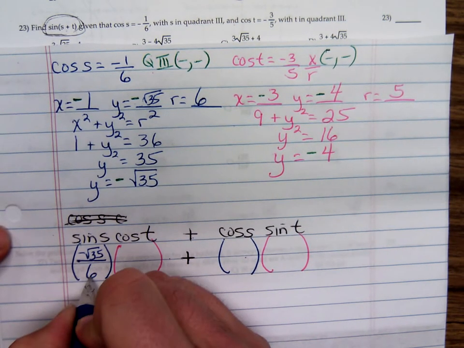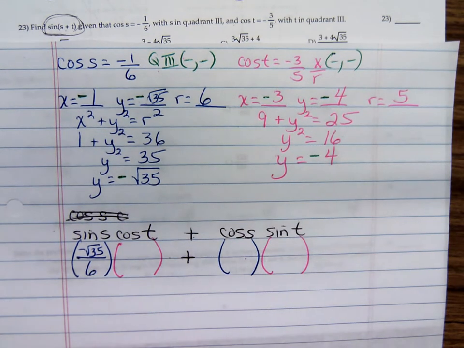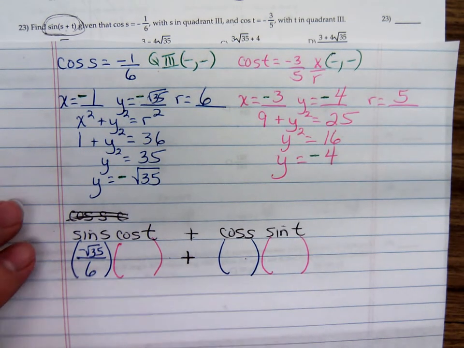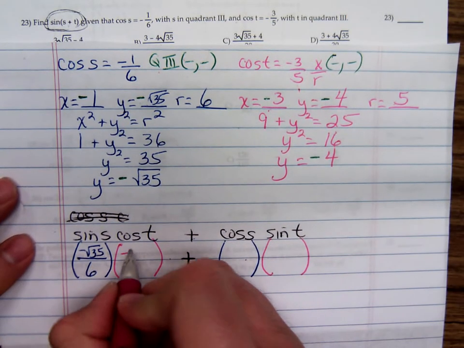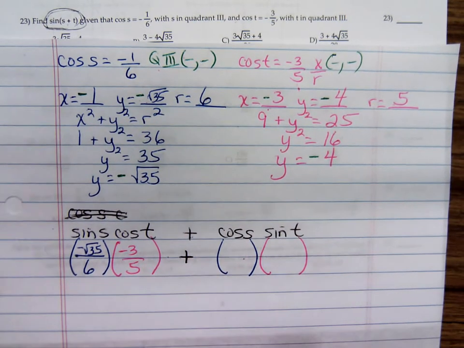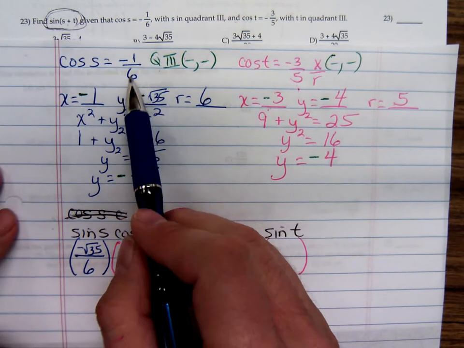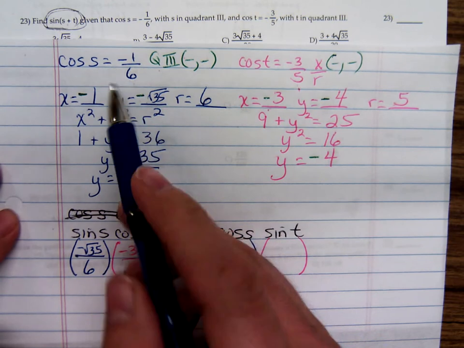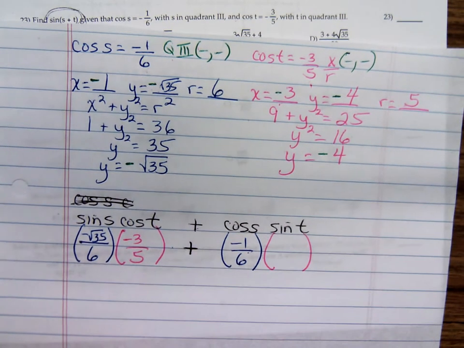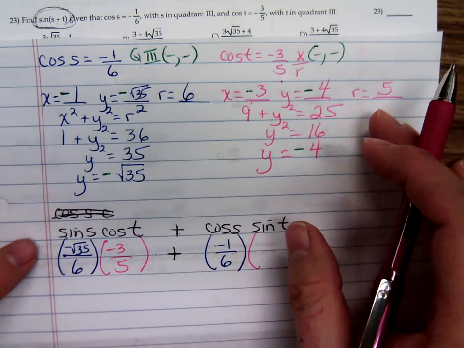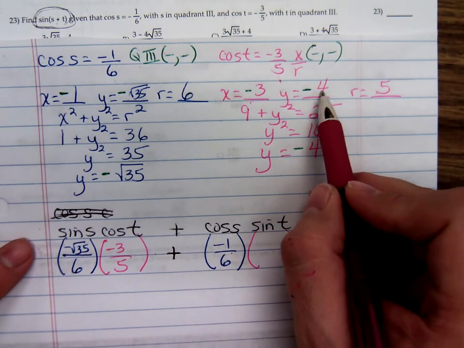Cosine t, we were told that, negative 3 over 5. Cosine s, that's what we were told, negative 1 over 6. Sine t, sine is y over r, so negative 4 over 5.